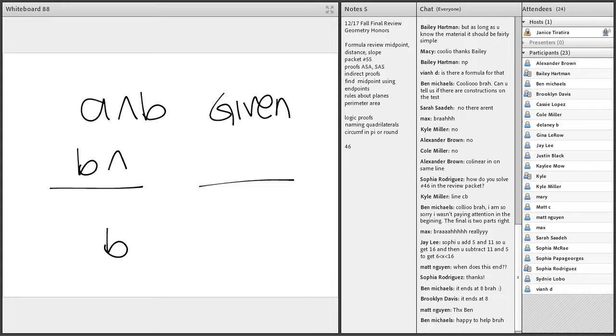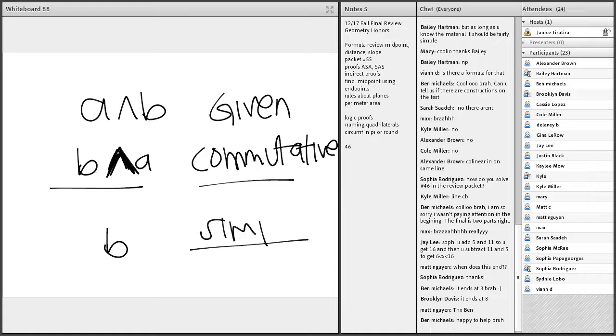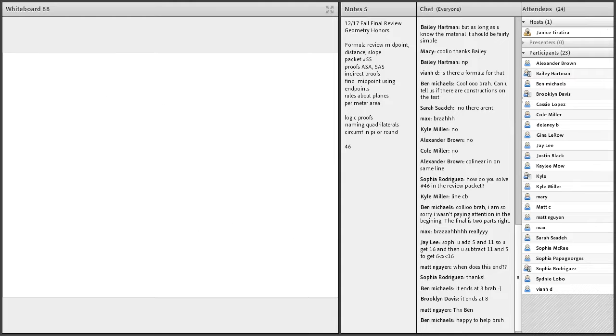You would have to switcheroo. It's called commutative property. Commutative property only works for ands and ors. The if-then arrows don't work. And then now this will be simplification. Boom.